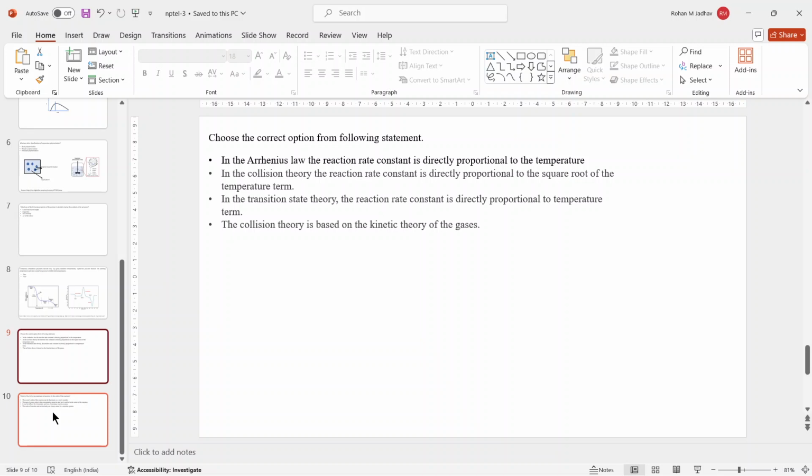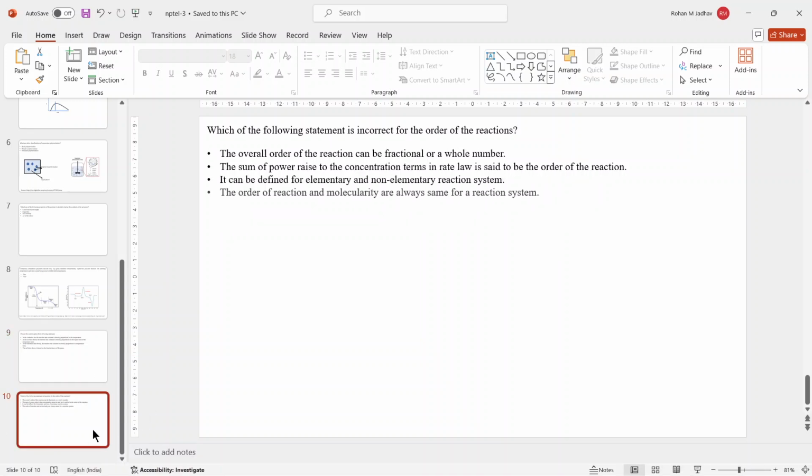This is also true because the collision theory, that the molecules need to collide together to cause reactions, is basically coming from the kinetic theory of gases. And we already know the basic postulates of the kinetic theory of gases, and how it has been established already. So these three are the correct options.